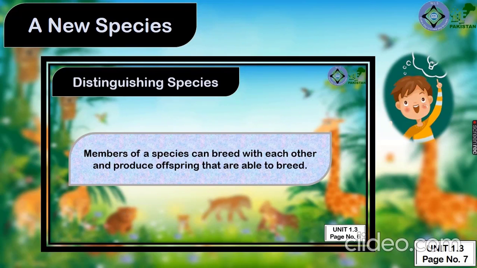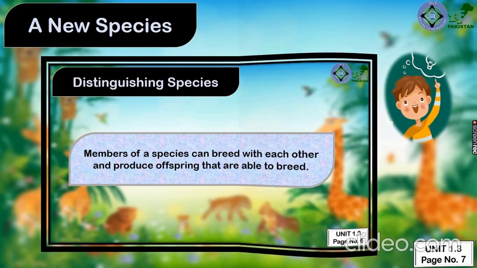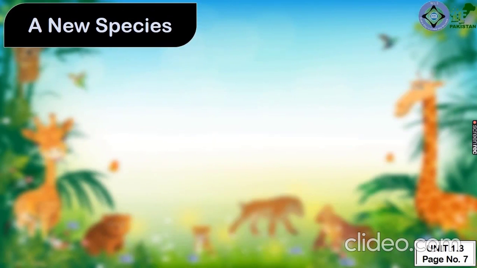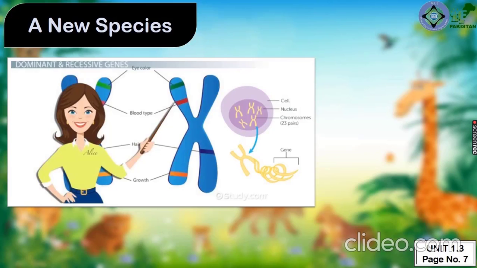But this definition was not very authentic in some cases. That's why scientists compare genes in their cells to verify whether the living things belong to the same species or different.